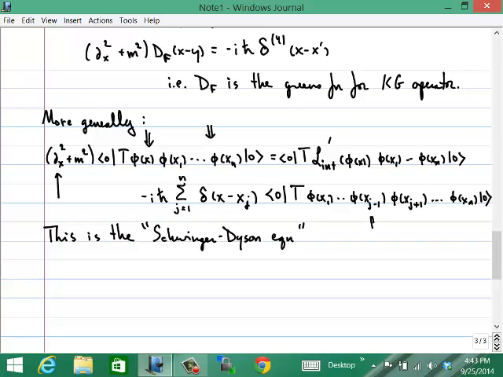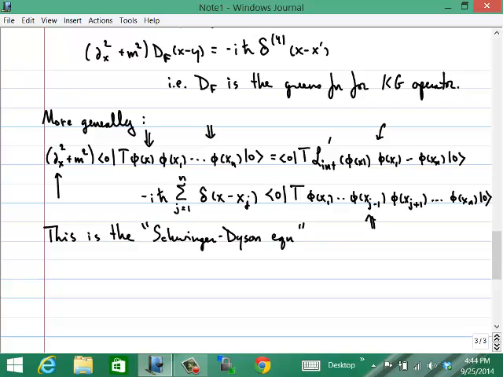And down here, we have an n minus 1 point function. And up here, the number of insertions of phi depends on the interaction. But if you have a cubic interaction, then that's an n plus 2 point function. So we have a relationship between different n-point functions in quantum field theory.